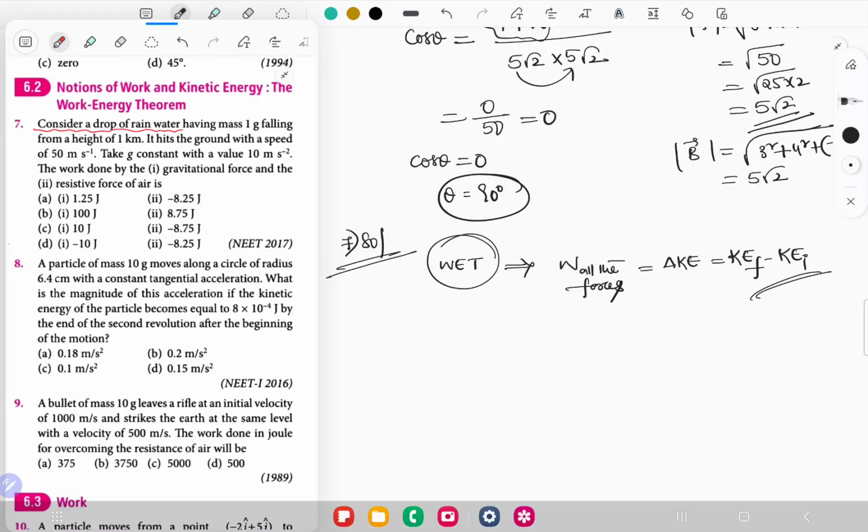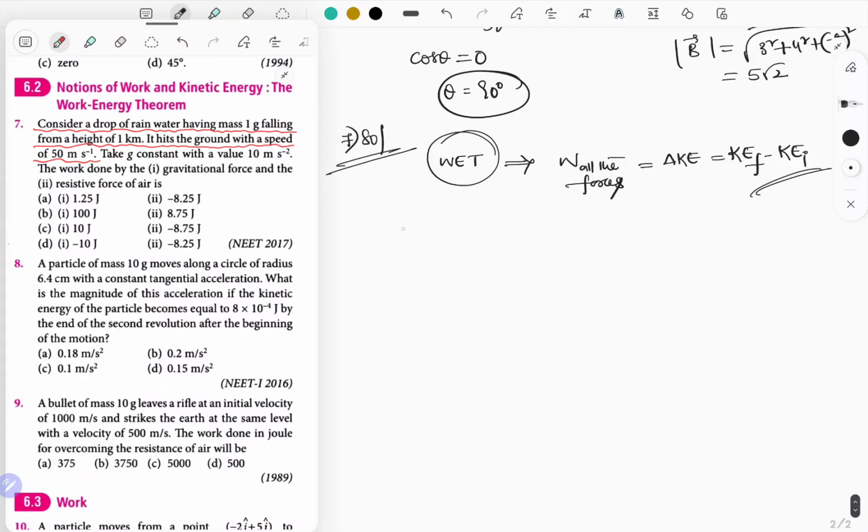Consider a drop of rainwater having mass 1 gram falling from a height of 1 kilometer. It hits the ground with a speed of 50 meter per second. So a drop of mass 1 gram; in terms of kg, 1 into 10 power minus 3 kg.